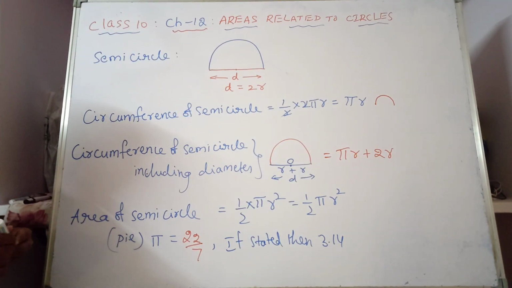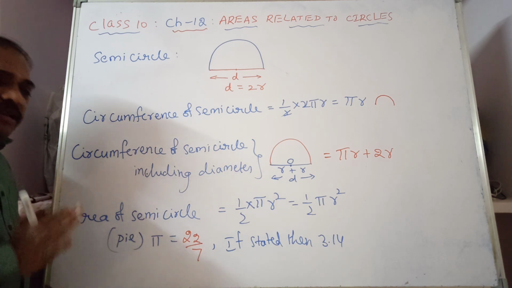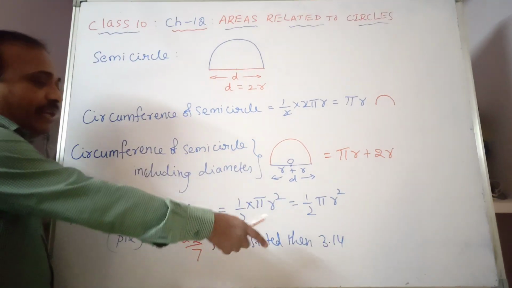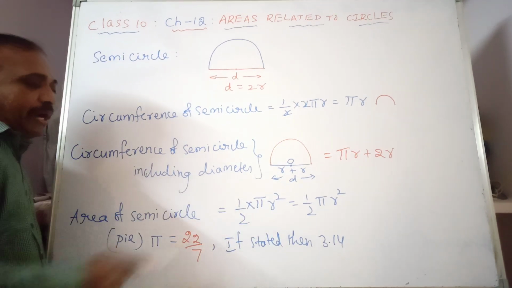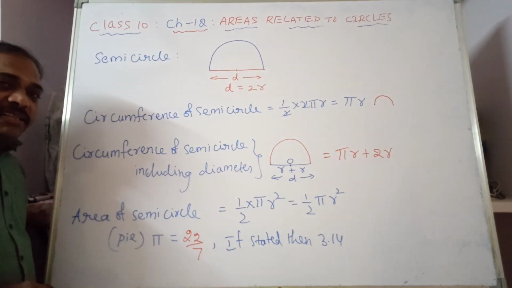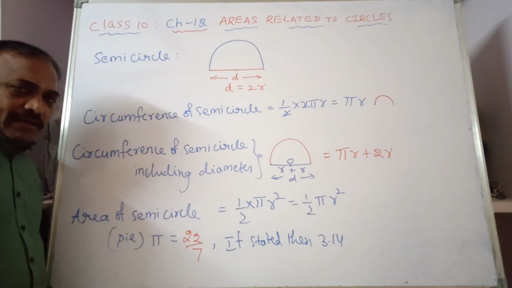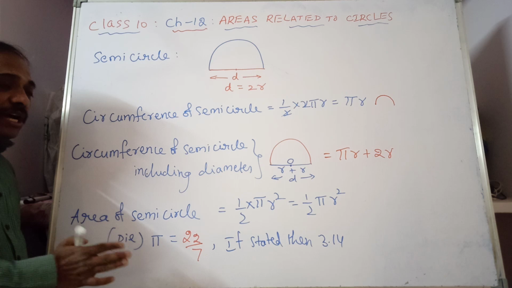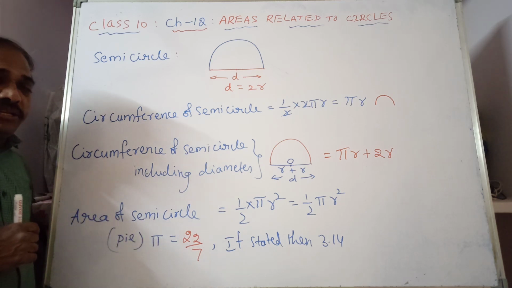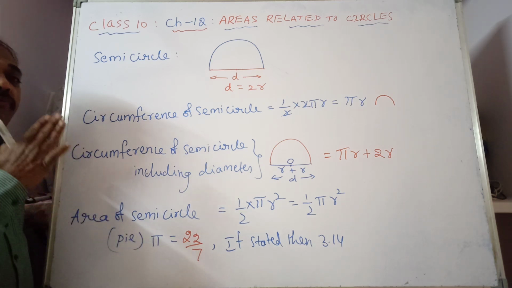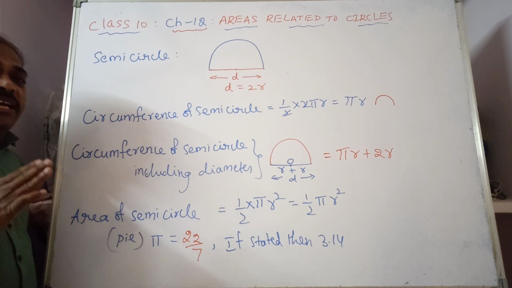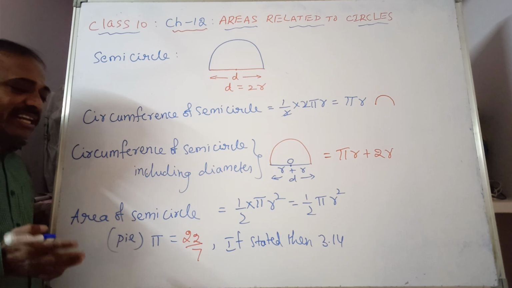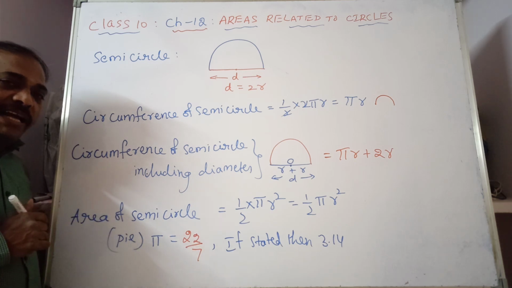Sometimes it will be mentioned for each question to use 22/7, sometimes we will be asked to use 3.14. Based on that, if the question says use 3.14, we definitely have to use 3.14 only. If not, we can use 22/7. Read the question to see which pi value it is asking for. Sometimes nothing is mentioned, then you can use 22/7.